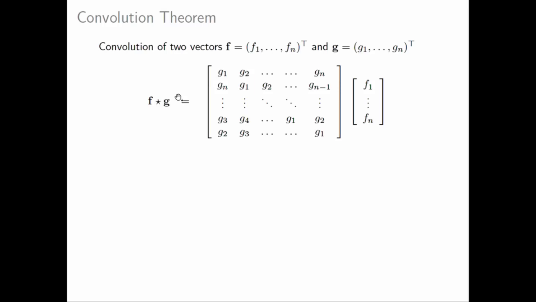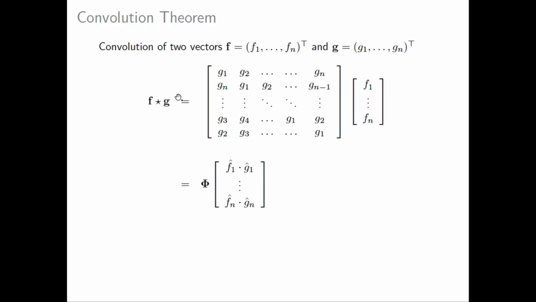This matrix has a very special structure called a circulant structure, because every row of this matrix is a shifted version of each other. Because of this structure, the matrix is diagonal in the Fourier basis. It means that we can write it as the Fourier transform times the diagonal matrix of G hat, times the inverse Fourier transform.